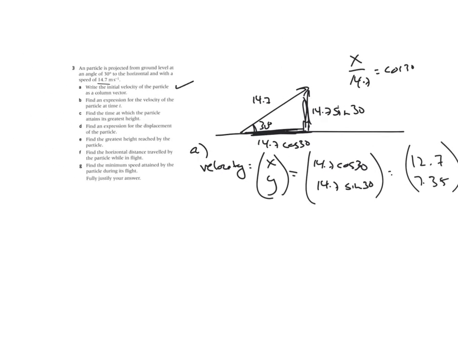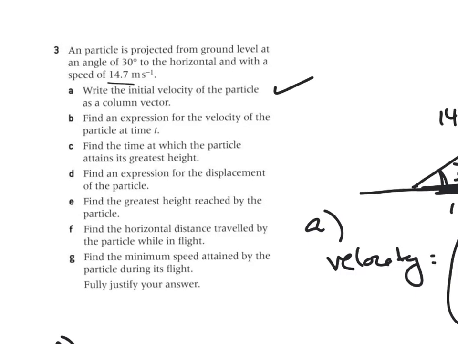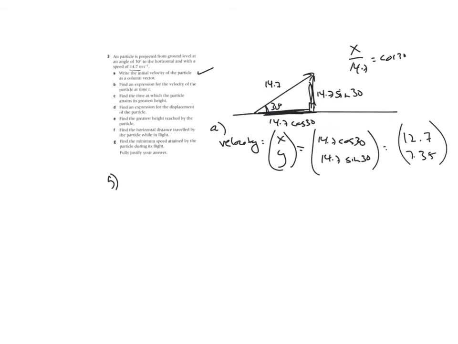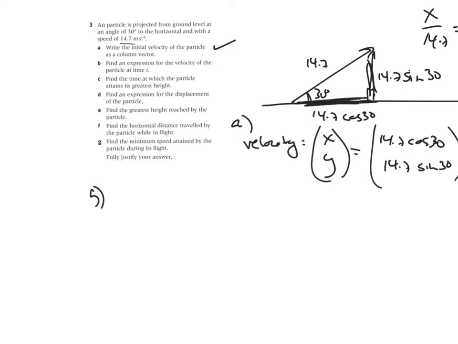This is A part. In B part, we're asked to find an expression for the velocity of the particle at time t. We know the initial velocity is this vector, and it's a projectile, so acceleration is always gravity going downwards: 0 in the x value and minus g in the y, where g is 9.8 meters per second squared.